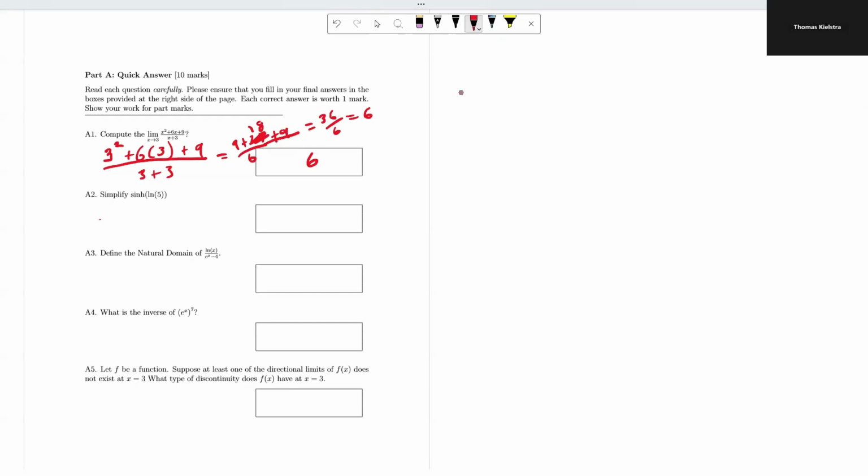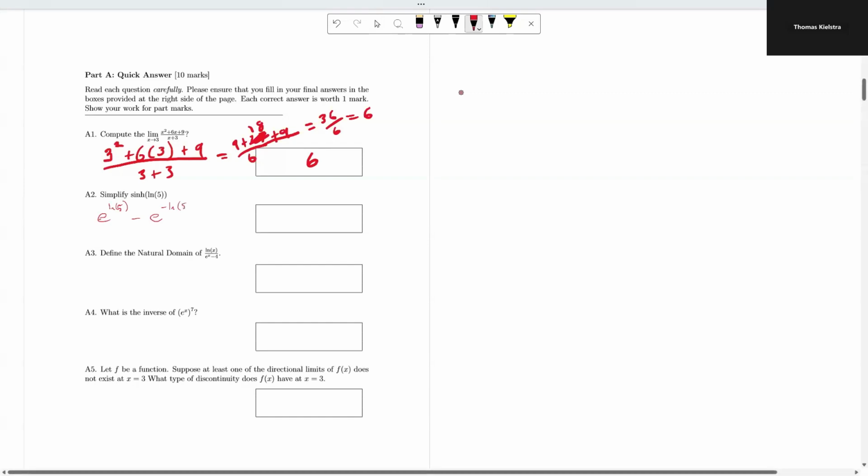Now, for sinh of ln of 5, we get e to the ln of 5 minus e to the negative ln of 5 over 2.